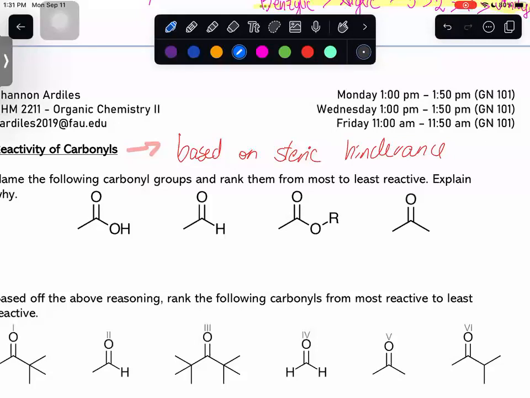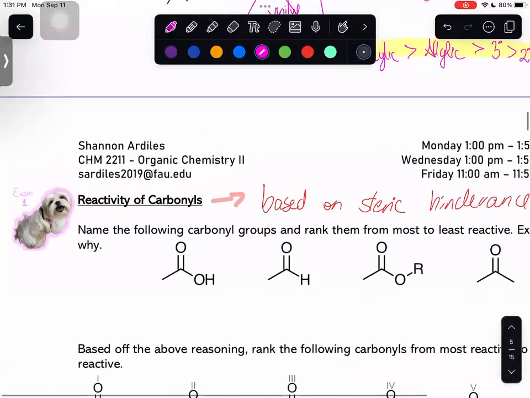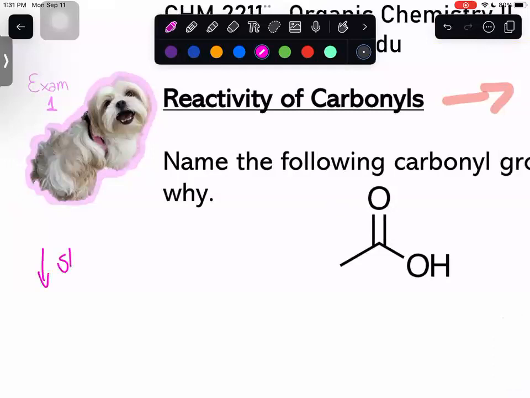Let's restate the steric hindrance principle: the bulkier it is, the less reactive. So actually, let's do a little trend over here. Less steric hindrance is going to equal a higher reactivity for the carbonyls.